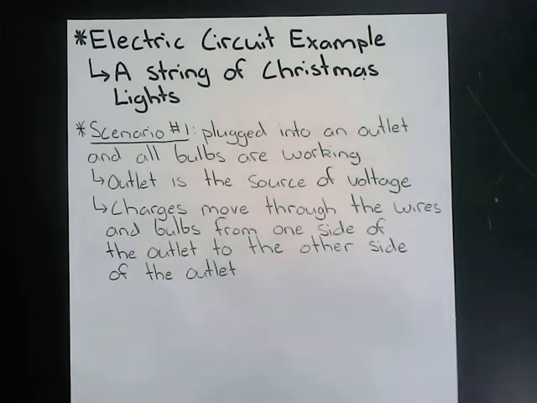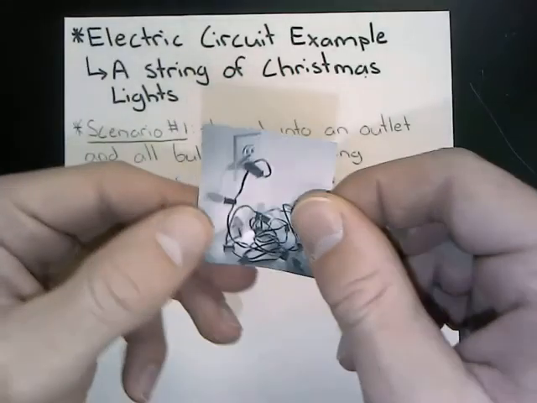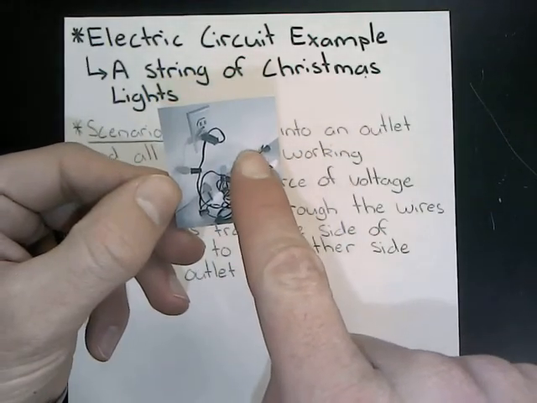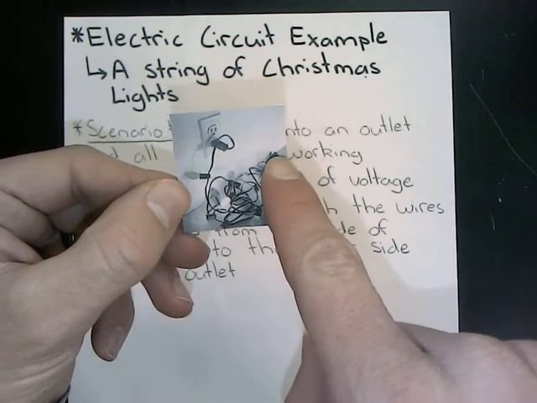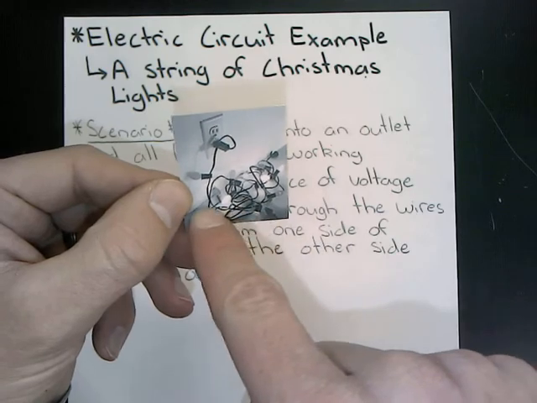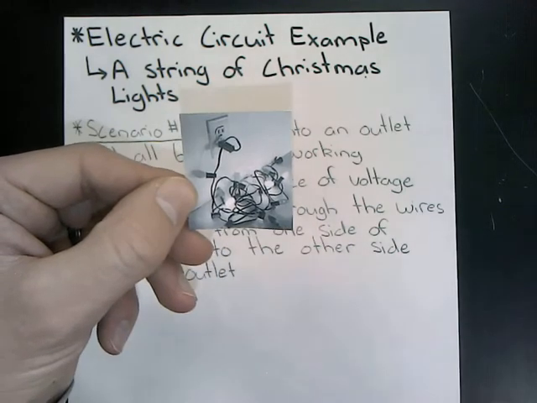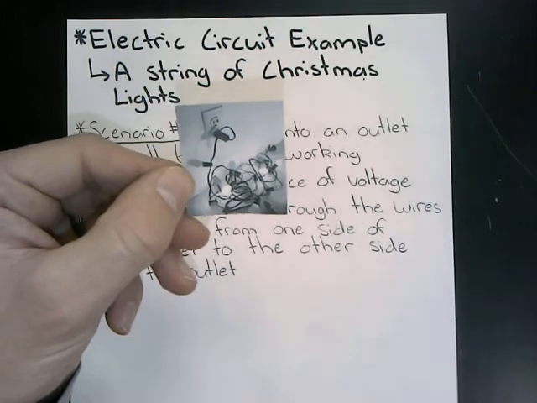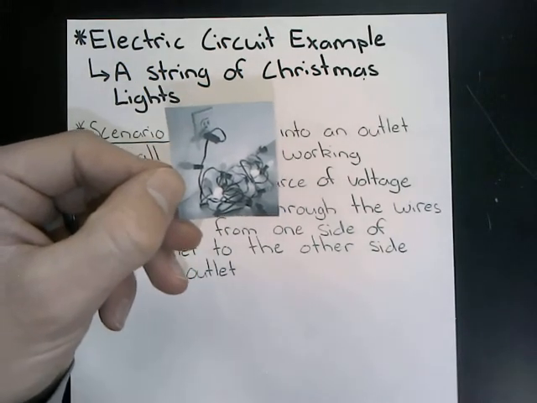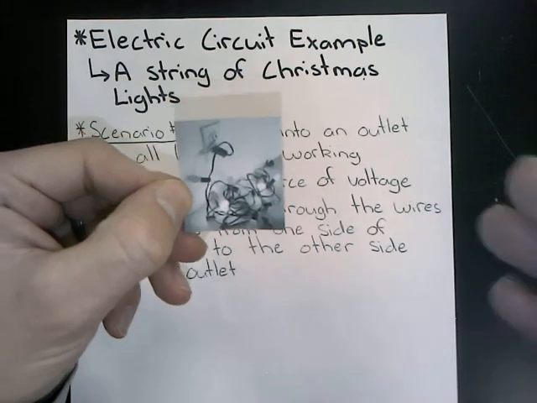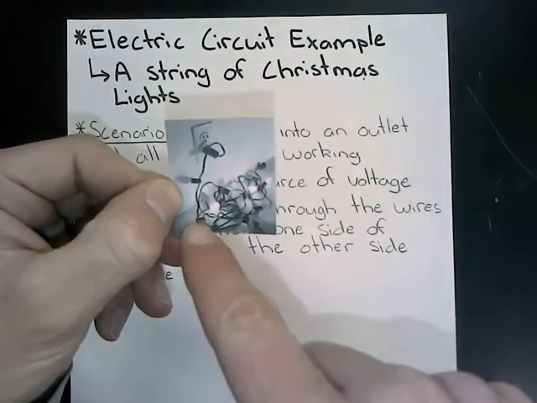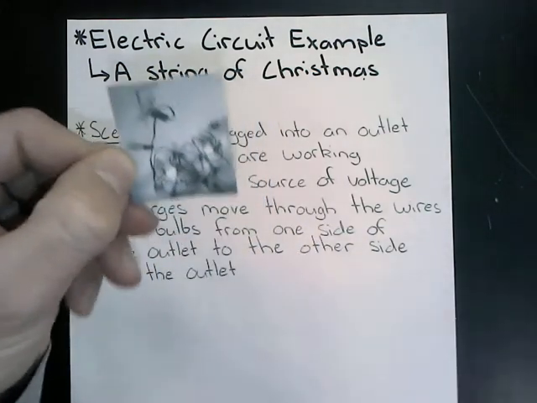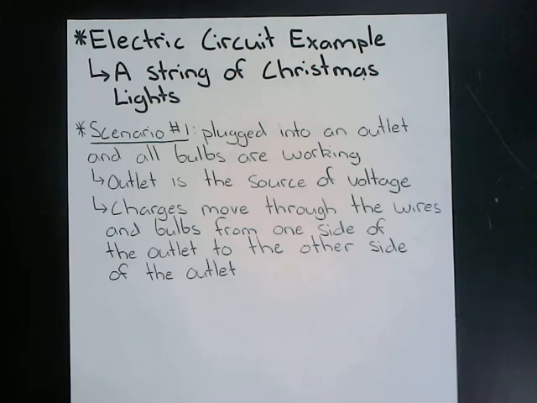Just to show this on our picture, we have one side of the outlet that is moving our current, or our charges, all the way through to the very end, and then it turns around and comes back through the other side and enters that other portion of the plug. That is the complete circuit that allows charges to flow, and in our case it's allowing electricity to flow through the outlet into the string of light bulbs and back to the other side of the outlet. When this happens, all the bulbs are going to light up.